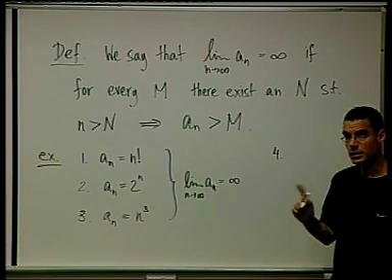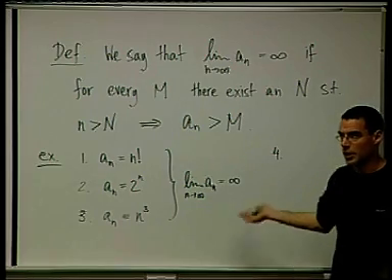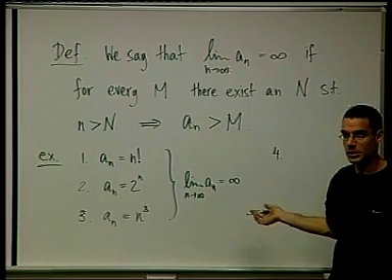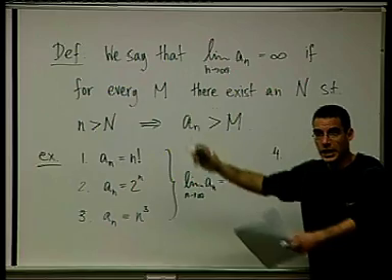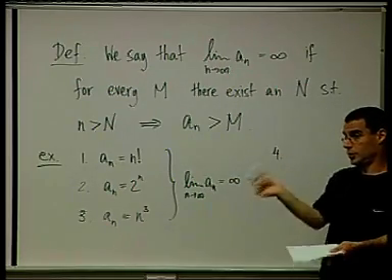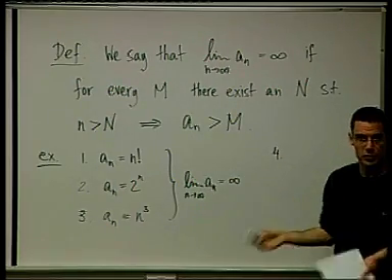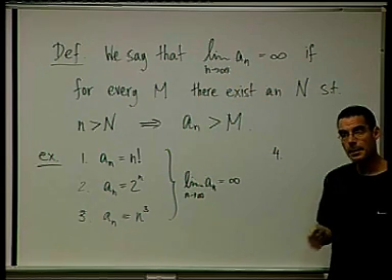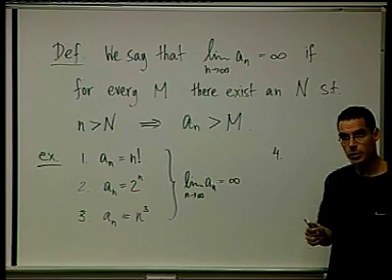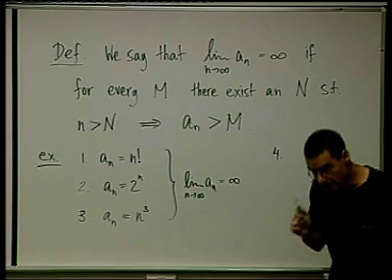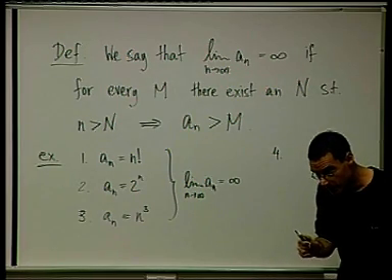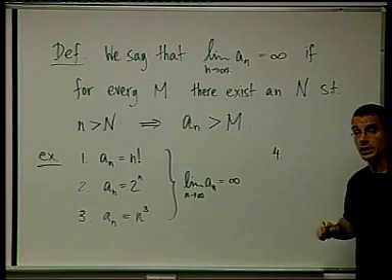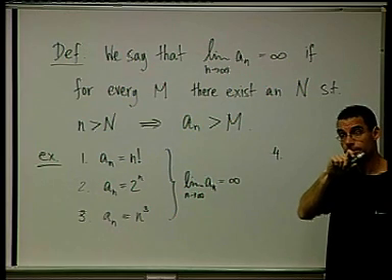Not bounded. Of course, if it's bounded, it's not going to go to infinity, right? That's easy. All the sequences that have finite limits or that just diverge like -1, 1, of course, don't go to infinity. But can you give me an example of a sequence that is not bounded, but does not go to infinity? Yes? And +1 over n squared.